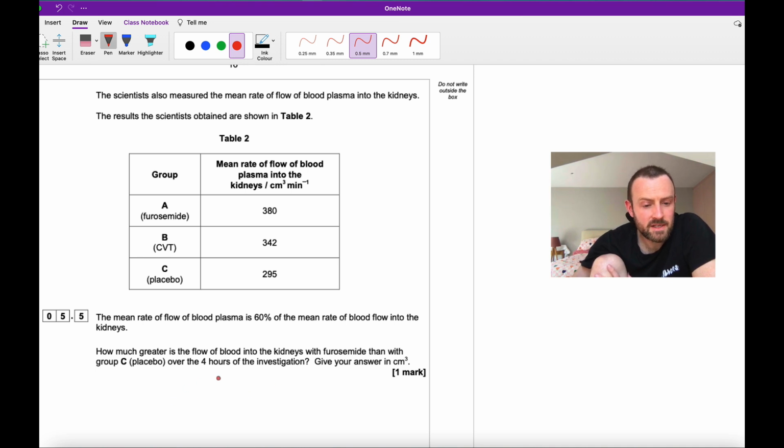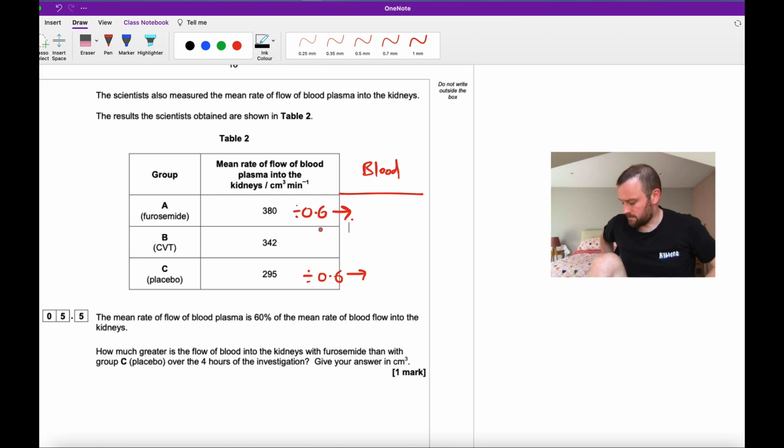How much greater is the flow of blood into the kidneys with furosemide than with group C? And this is blood plasma. So if we're trying to work out the rate of flow of blood, not blood plasma, what we need to do is divide it by 0.6, which will give us a bigger number. So divide that by 0.6, divide that by 0.6, and we're going to get a bigger number.